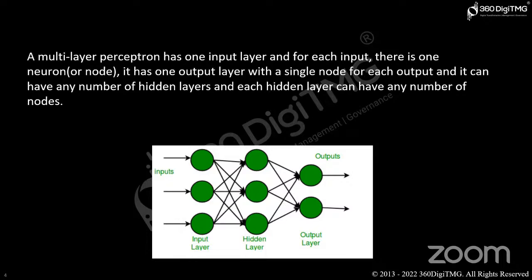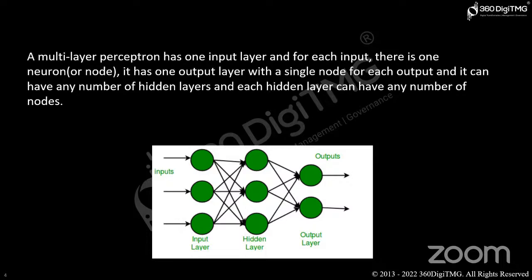The output layer gives two outputs. Therefore, we have three input nodes and two output nodes.